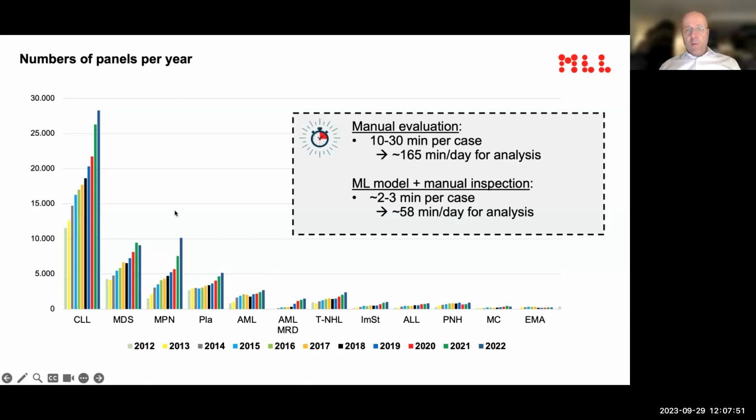And we estimated that applying machine learning models together with manual inspection, which is the aim we are targeting, would reduce the work time per case, and also the overall time spent by the same person on diagnostics.